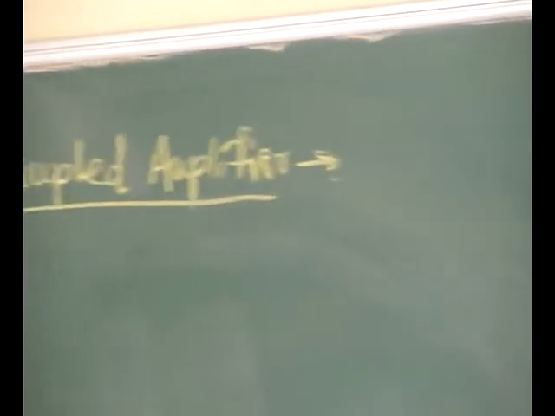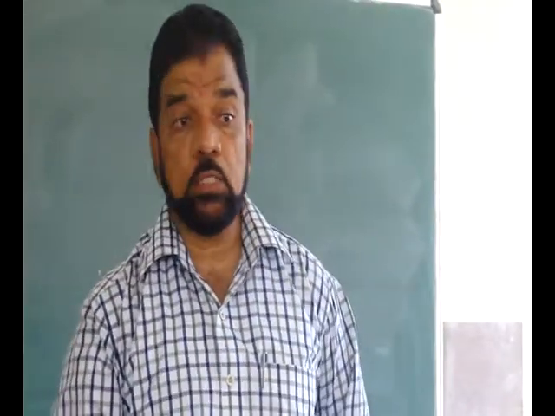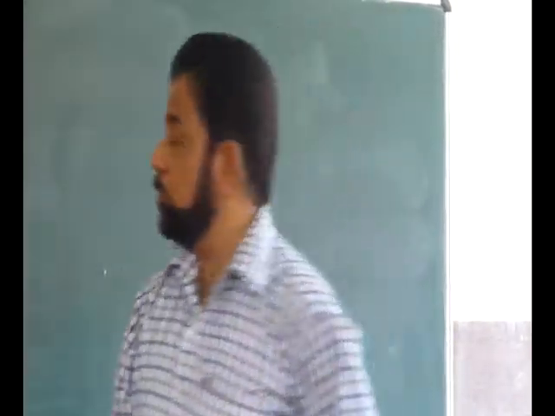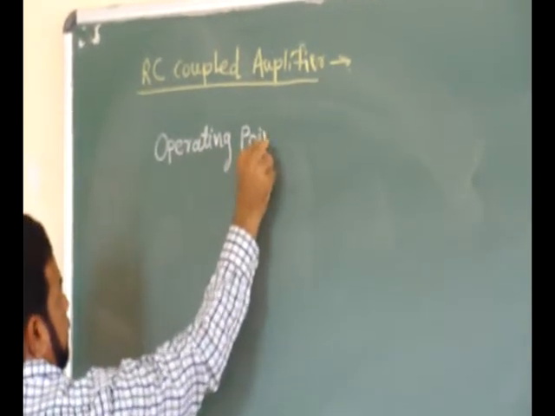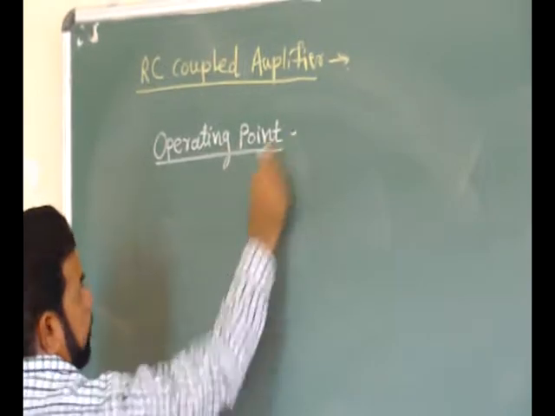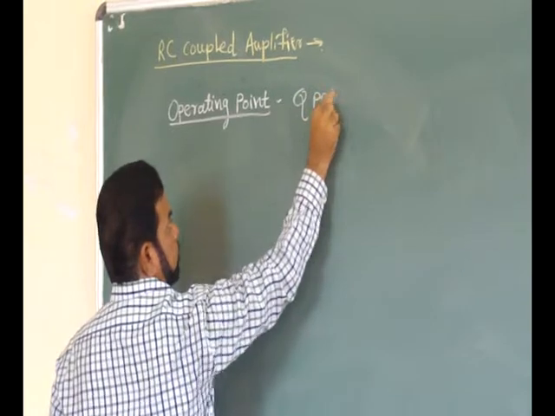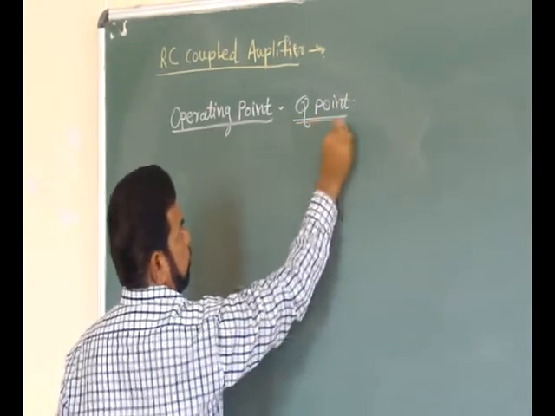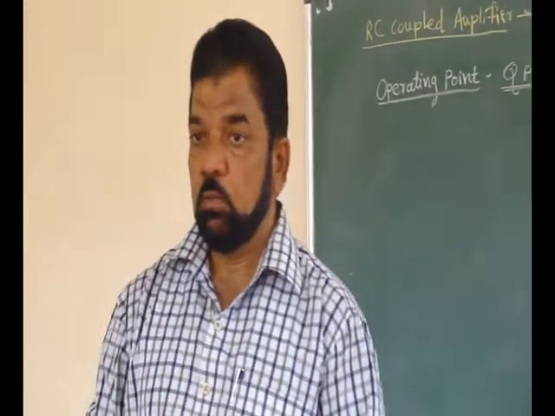Again, there are certain things that are required. If you want thorough knowledge of this amplifier design, we have to cover a certain concept, and a very important concept is that of the operating point. This point is also called the Q point, or quiescent point.